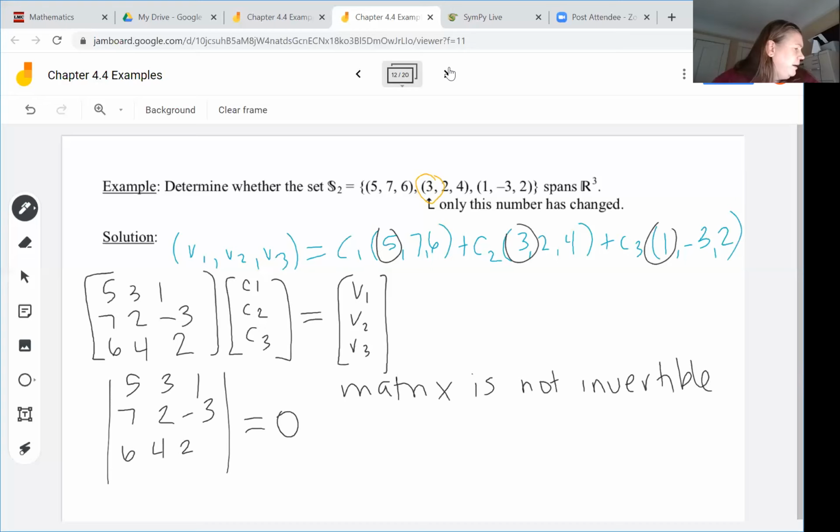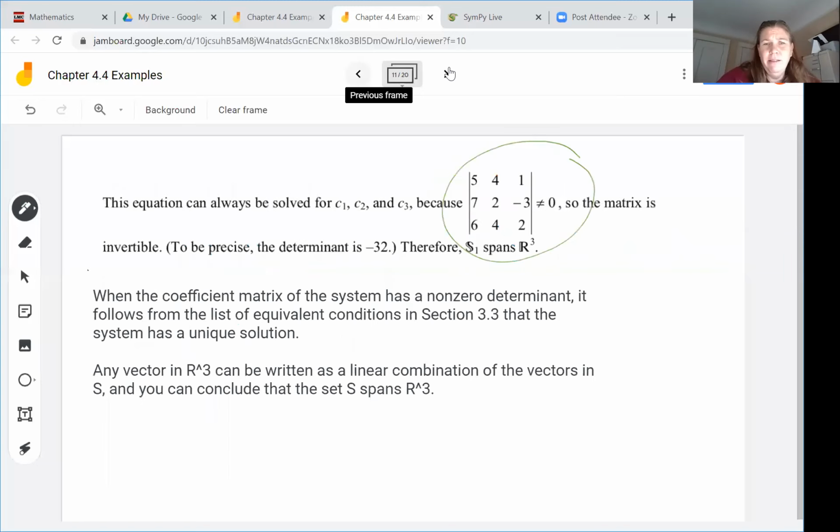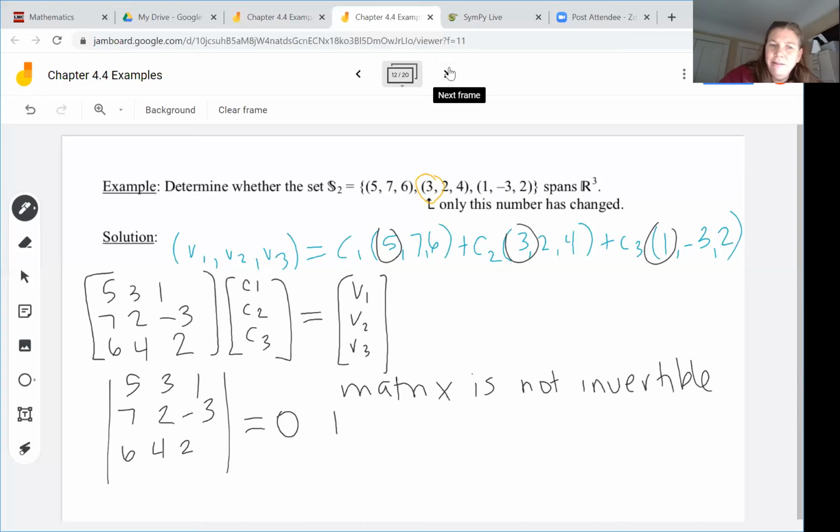And so that means that we do not have a unique solution, right? If we go back to thinking about our equivalent conditions, the system having a unique solution is equivalent to a non-zero determinant. So we can say the system does not have a unique solution.